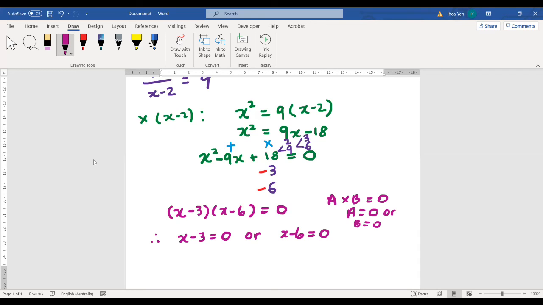So when you do that, x equals 3, because the only way you're going to get 0 is by taking away yourself. And here, it's 6. So therefore, you have x values of 3 or 6. Okay, that's it. Well done.